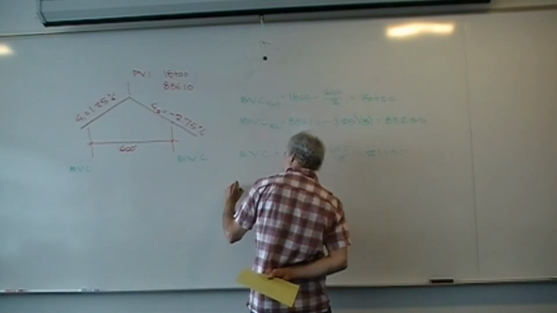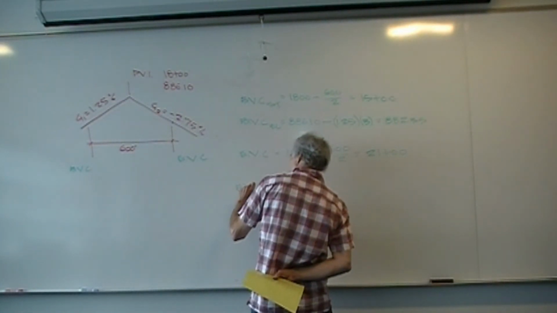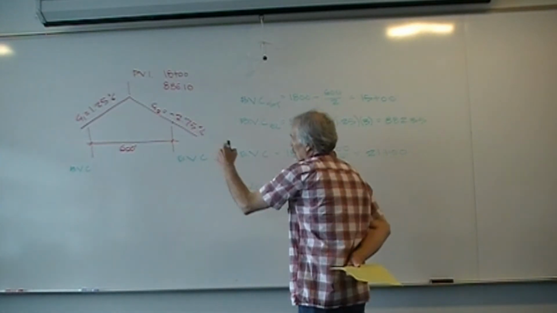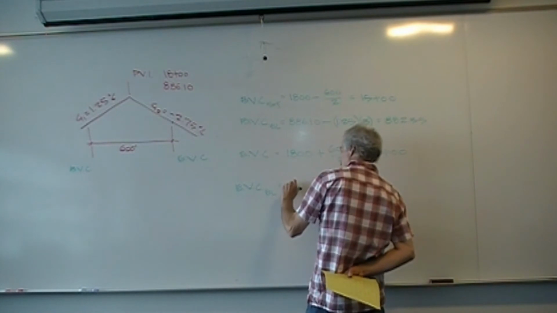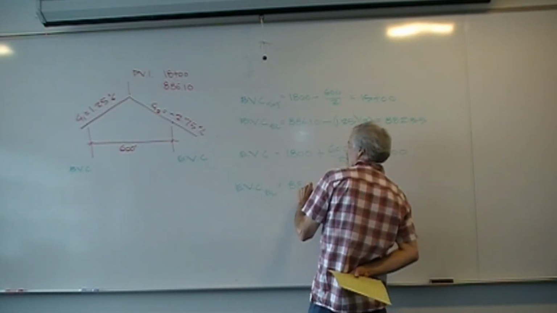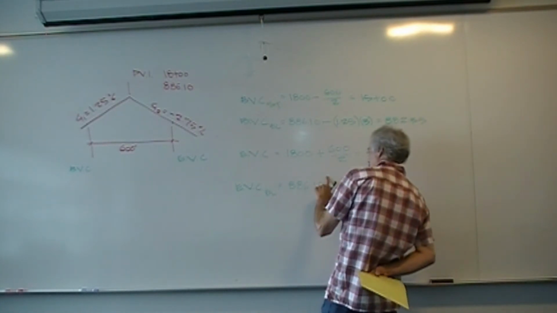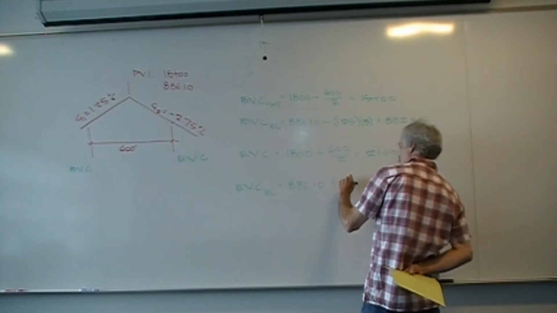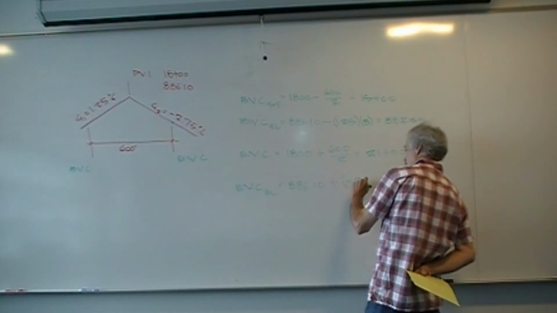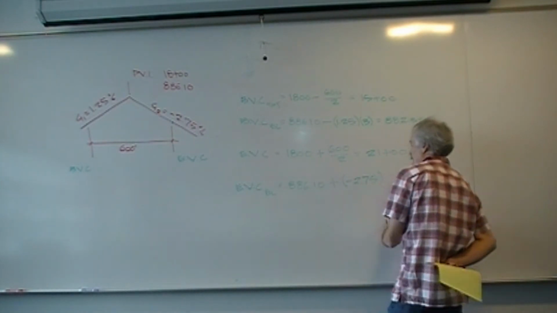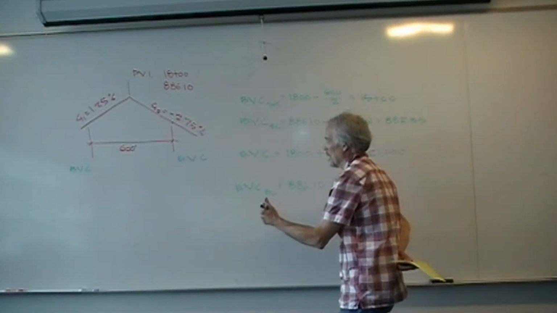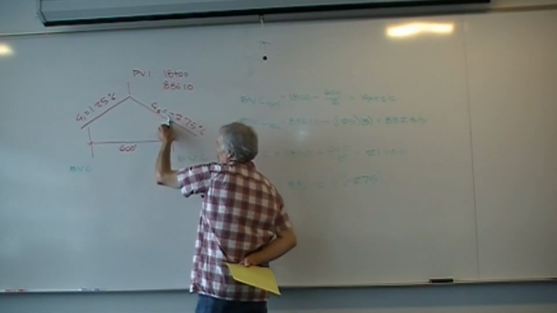So the EVC elevation is going to be equal to, again, the PVI elevation. And this time we're going to add the difference, but we're going to let the grade do the work. So this is a minus 2.75, okay? 2.75%, again, over a distance of 300 feet.